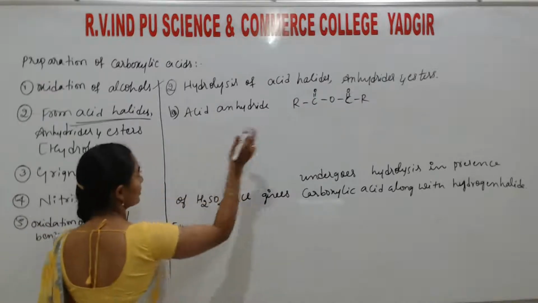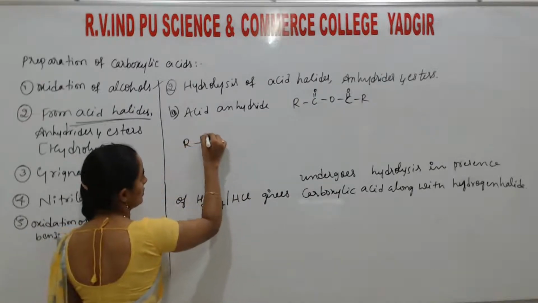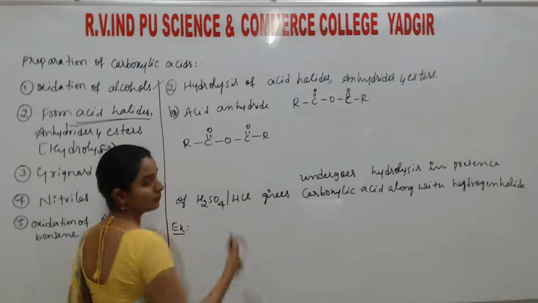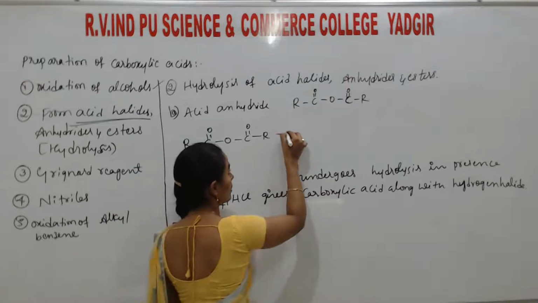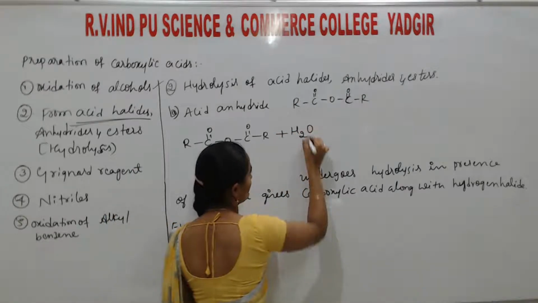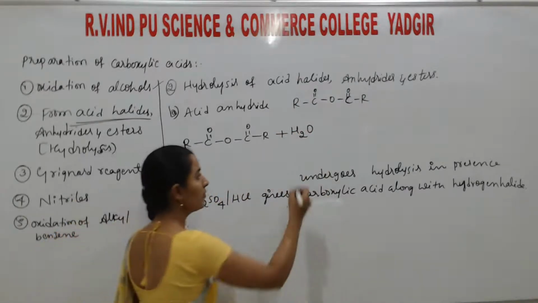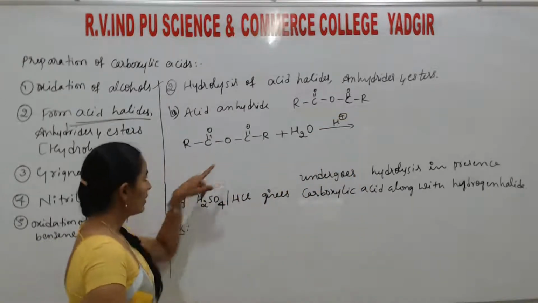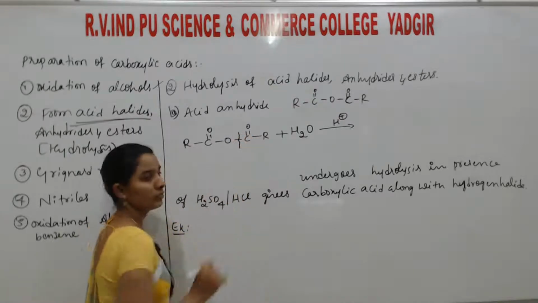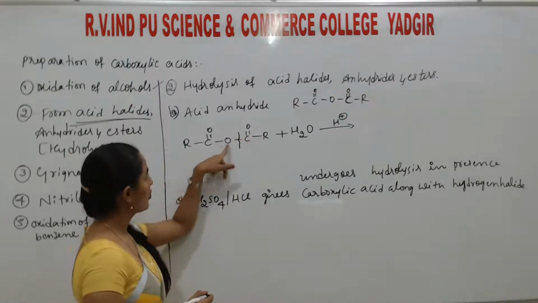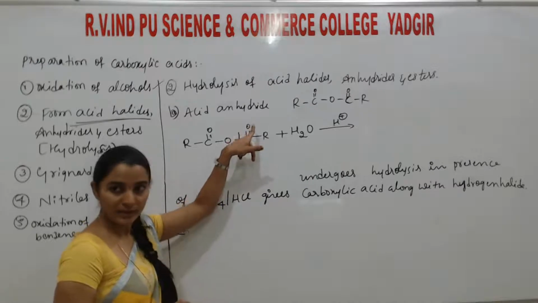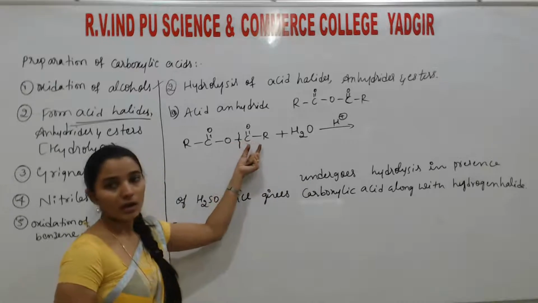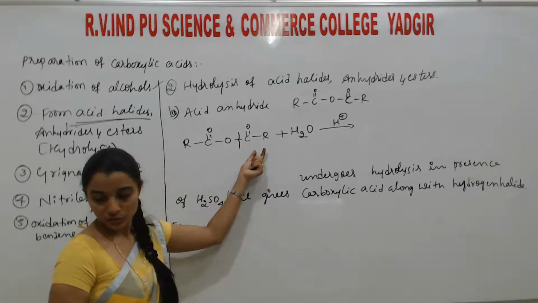So students, I take the general reaction R C double bond O, C double bond O R. So when they undergo hydrolysis in presence of acid, listen here. Here they are divided like this: RCOO minus and R'CO plus. So here H2O is there. One H is attached here, another OH is attached here.